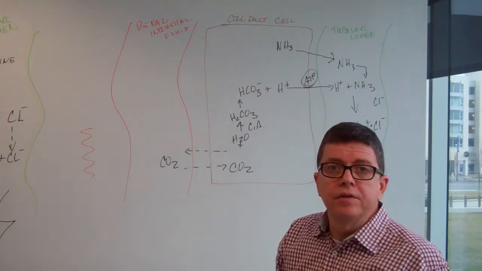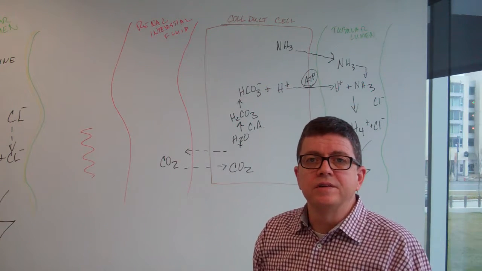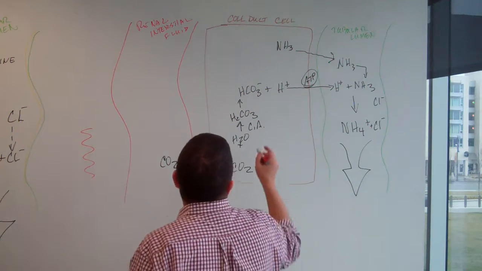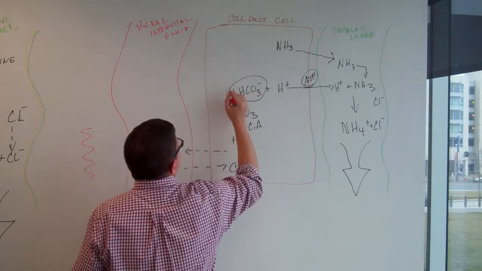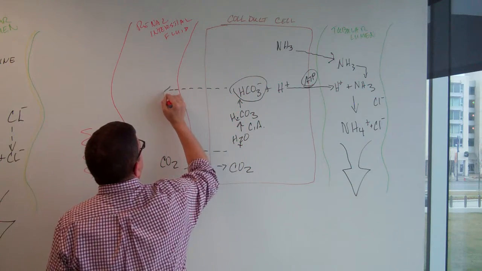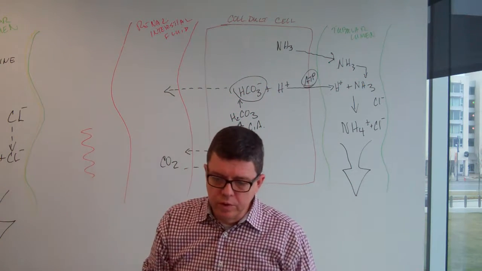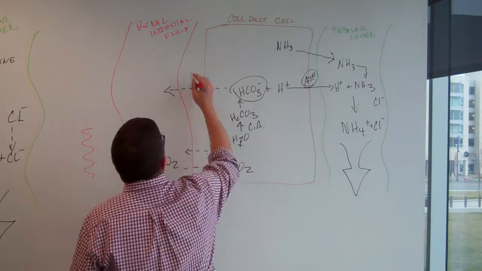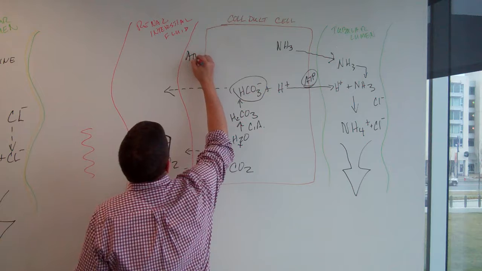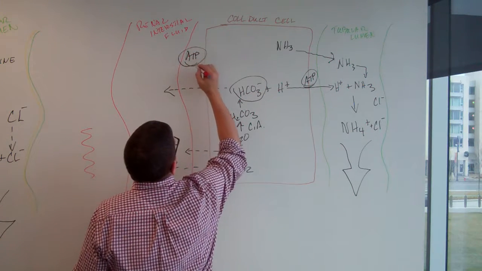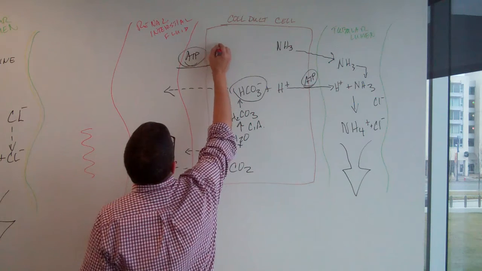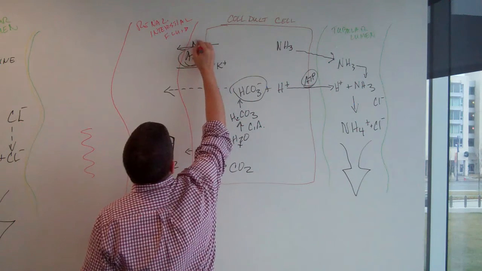Some other things occur within the collecting duct cell. The bicarb that was generated here heads back this way into the renal interstitial fluid, yay. And one other thing, there's an ATP pump here that's causing potassium to go in and sodium to move out.